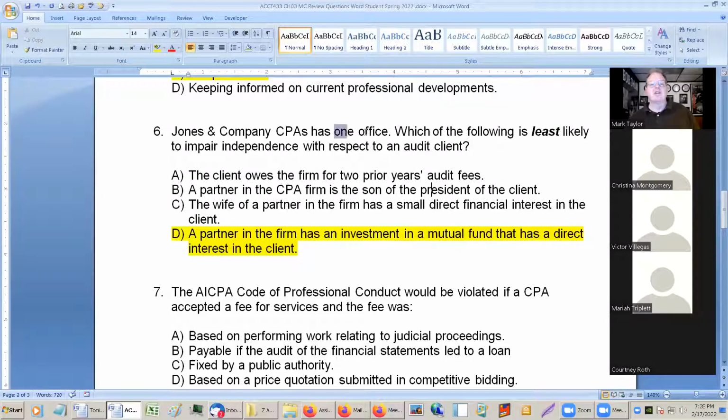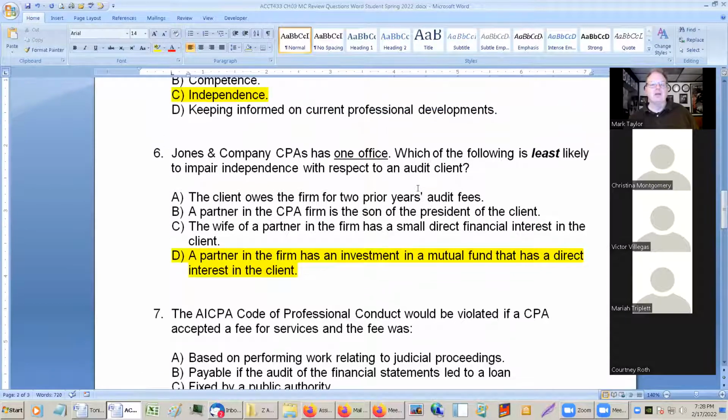Okay, number 6, because they only have one office, that means that the same office is also doing the audit.